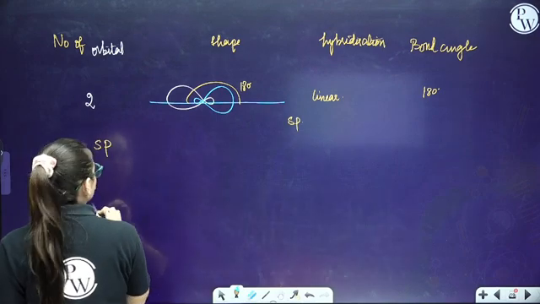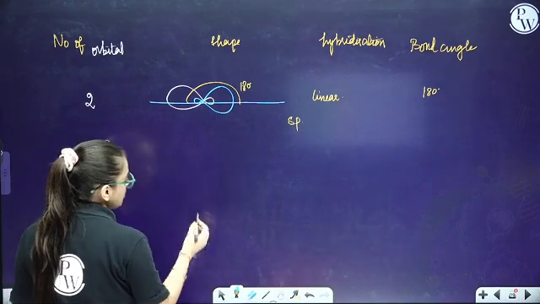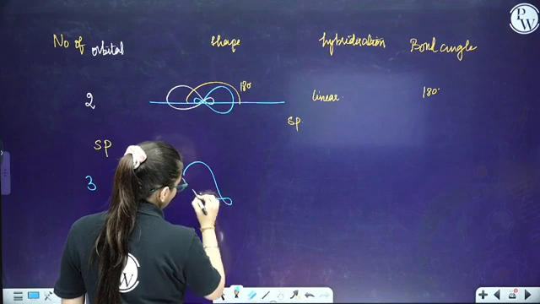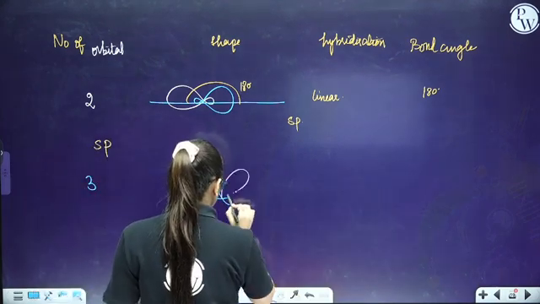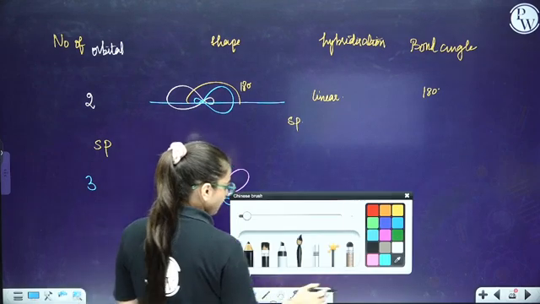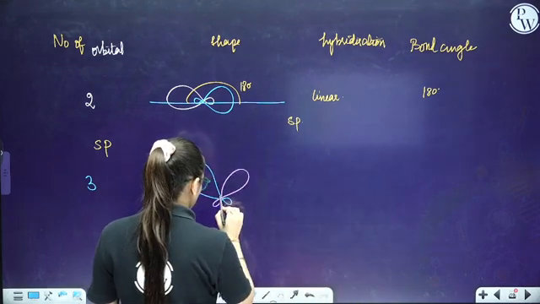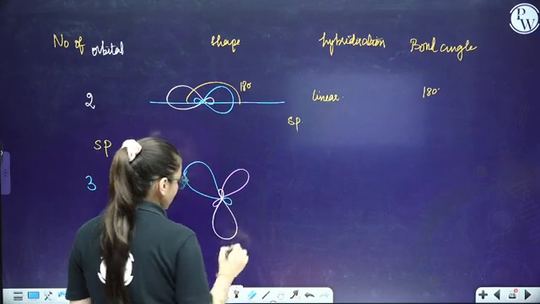When we take 3, students, just see, this is going to be your first one, this is going to be your second one, and this is going to be your third one.